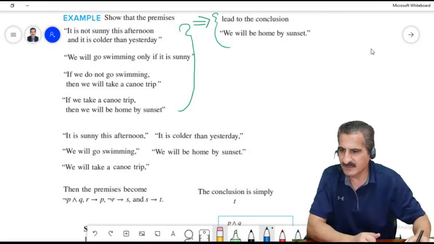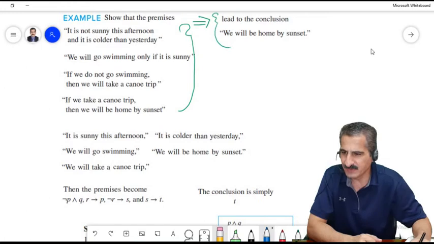This says it is not sunny this afternoon and it is colder than yesterday.